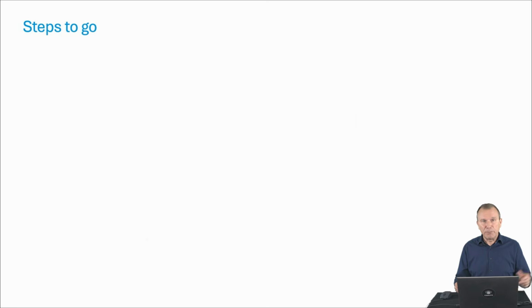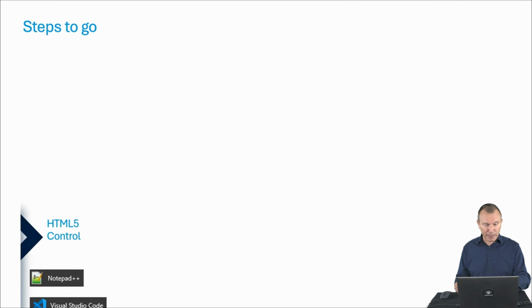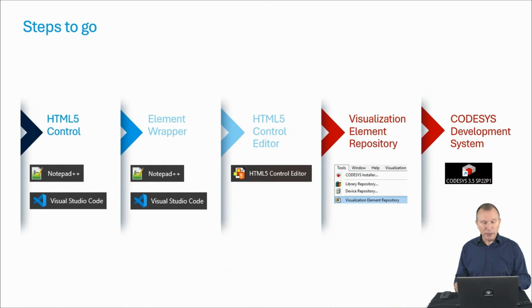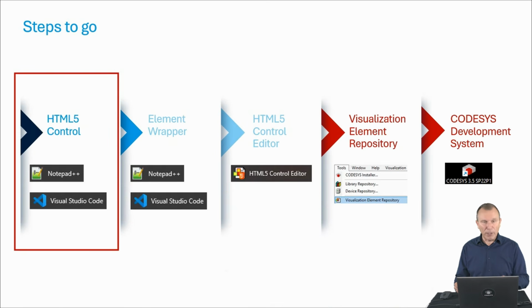So there are multiple steps to go. I already mentioned that. And without discussing these steps right now, I just want to start with the first one. Of course, we need an HTML5 control. So you could realize it yourself with the tools mentioned below, or you download it from the web.